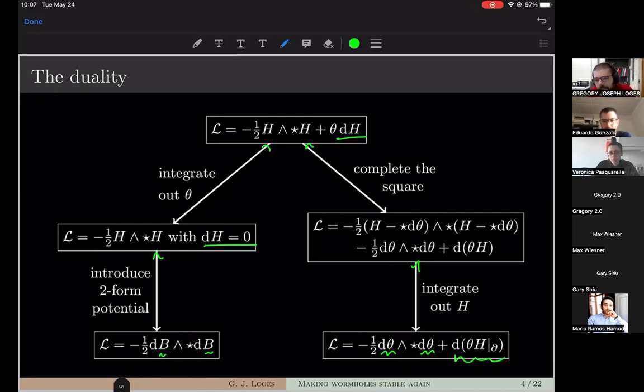In completing the square and integrating out H, there's a boundary term which should be included. And we're going to be looking at this box on the left-hand side, but in analogy with the axion, there's always this extra boundary term that shows up and needs to be treated accordingly.